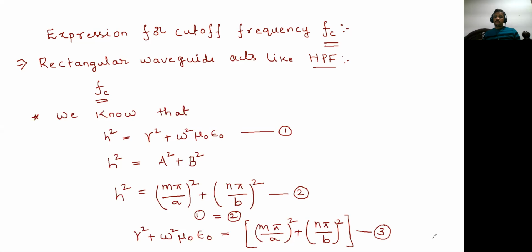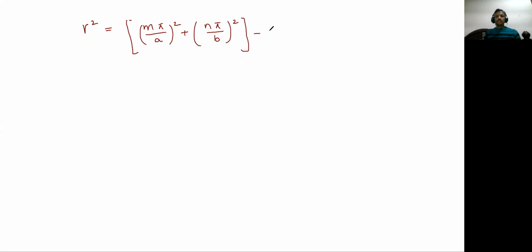Now we'll try to find out the expression for gamma square. Gamma square will be equal to m pi by a whole square plus n pi by b whole square minus omega square mu naught epsilon naught, which comes to the right hand side. Call this equation number 4.